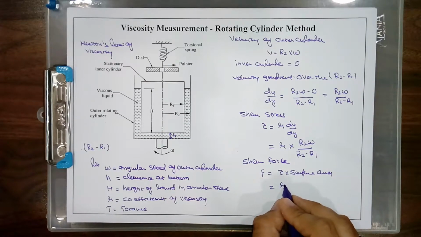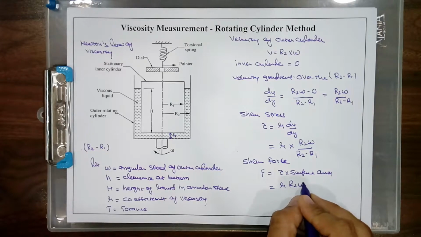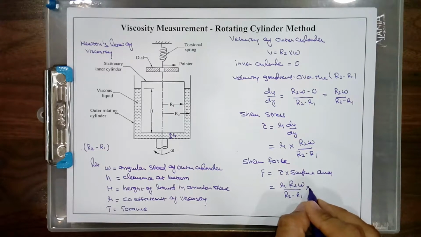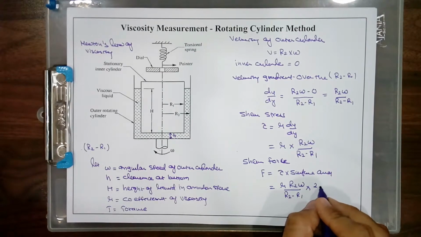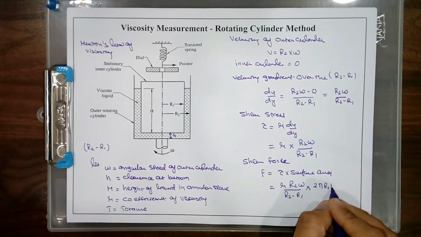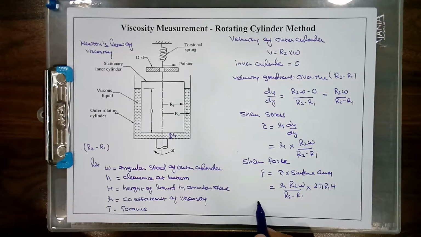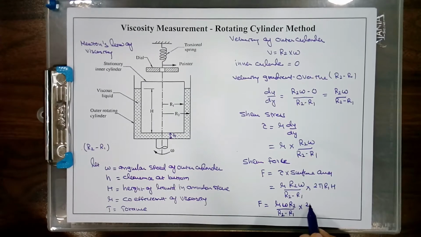So we get mu R2 omega upon R2 minus R1, into the surface area, which is 2 pi R1 into H. So the final answer for the shear force is F equals mu omega R2 divided by R2 minus R1 into 2 pi R1 into H.